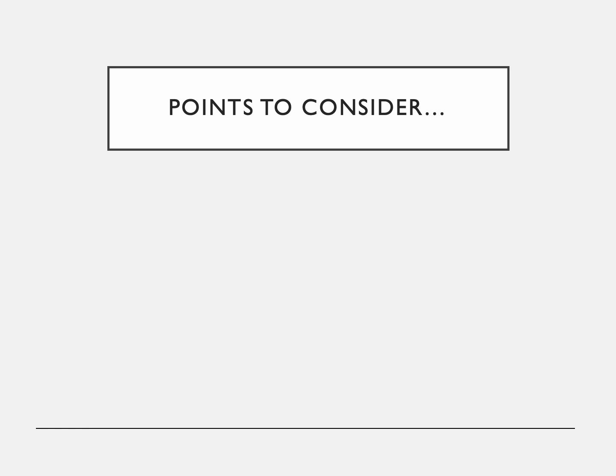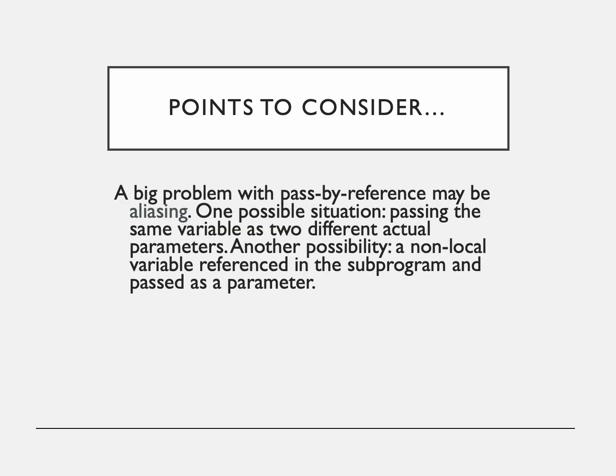Okay, now let's see some critical aspects and distinctions of parameter passing methods, particularly focusing on the nuances between pass by reference and pass by value result. A significant challenge with pass by reference is aliasing, where two different parameter names refer to the same actual memory location.